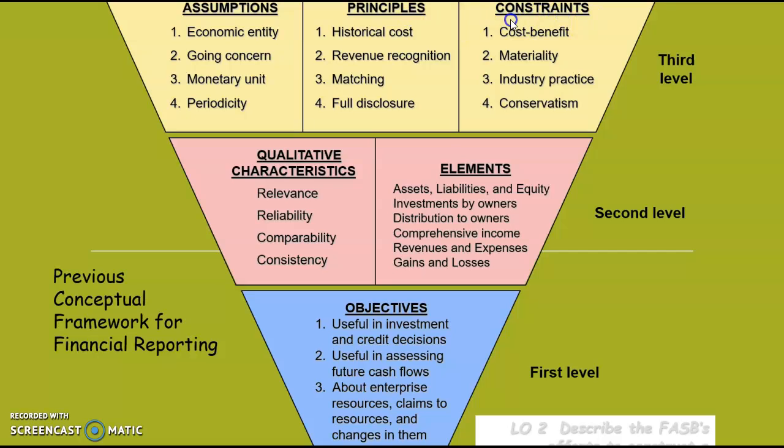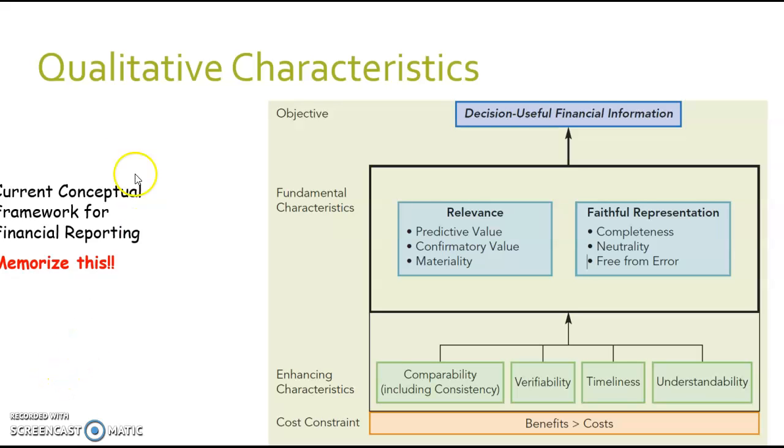Now the current one, in their third level, just has this cost-benefit constraint. But these other things are kind of built in other places. So these things are still important, and we're still going to talk about them in the PowerPoint. Here is a picture of the new one, and we've got decision usefulness of the financial information as the primary objective, as we already said.